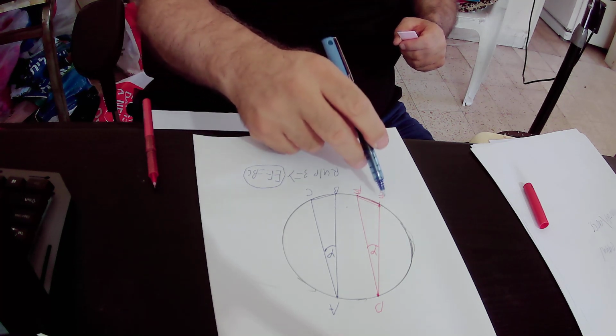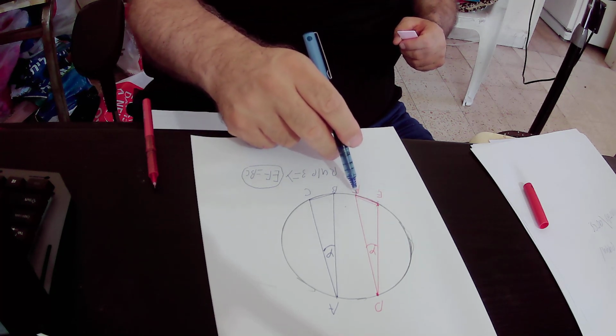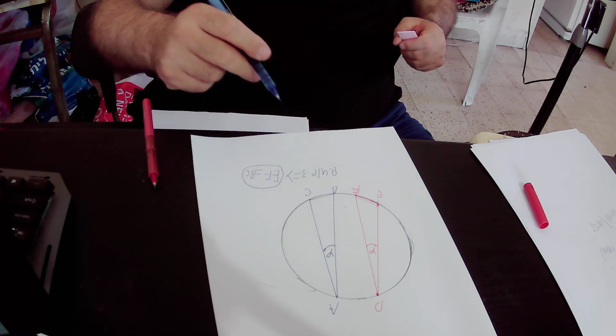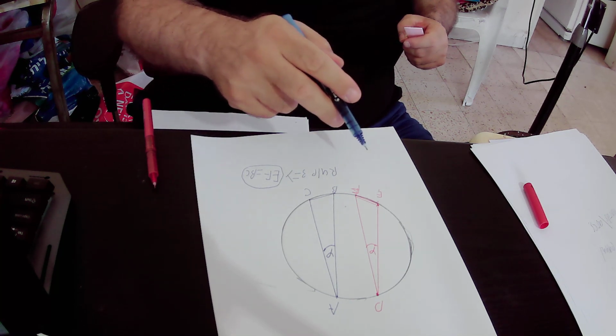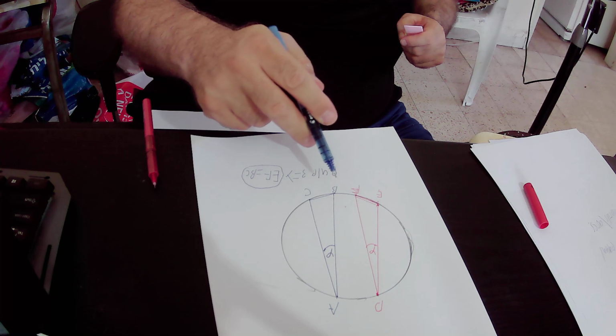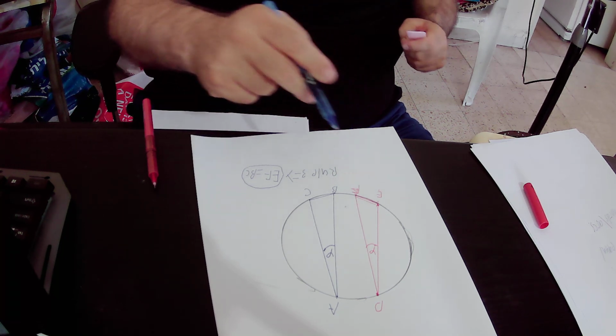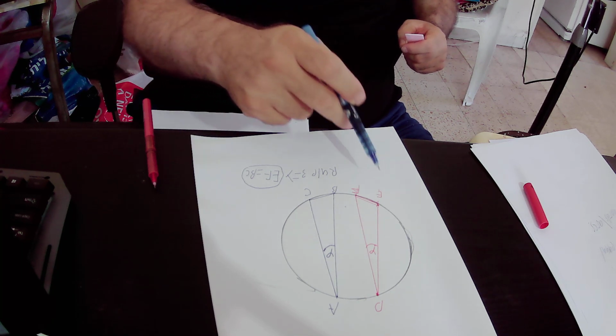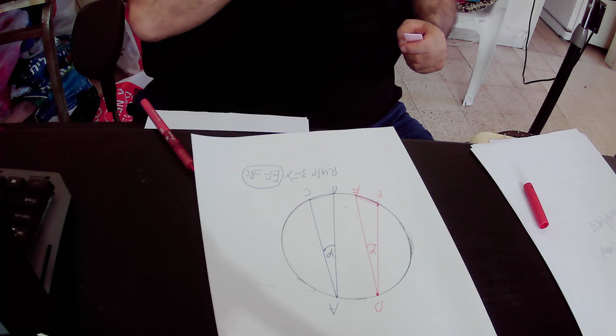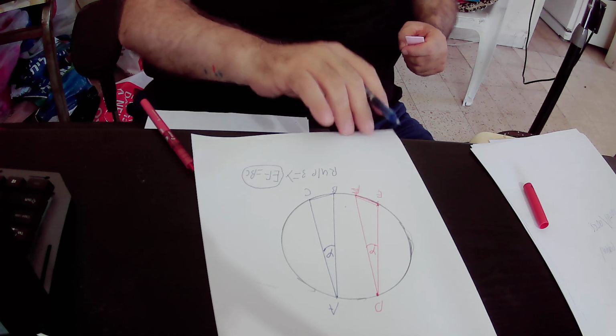For that reason, this chord equals this chord. Because both of those angles equal each other, they rest on equal chords. That is to say, EF equals BC.